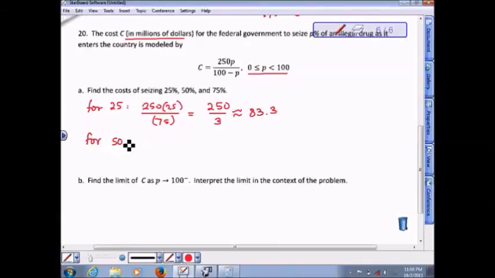Now, if they really up their efforts and are aiming for 50%, that follows the model 250 times 50 over 100 minus 50, which is 50. Now, these two values are going to cancel out, so that's $250 million. So they double their efforts, but their costs more than double, up to $250 million. So we're seeing a pattern here.